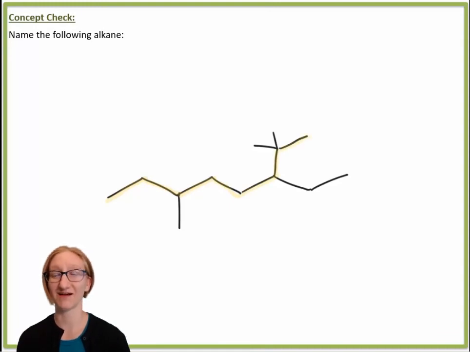Once we have the right octane identified, we need to number our carbons. And again, remember that we begin at the end that is closest to a substituent. Once we've identified our parent octane, we're going to identify our substituents. At carbon 2, we have a methyl group.